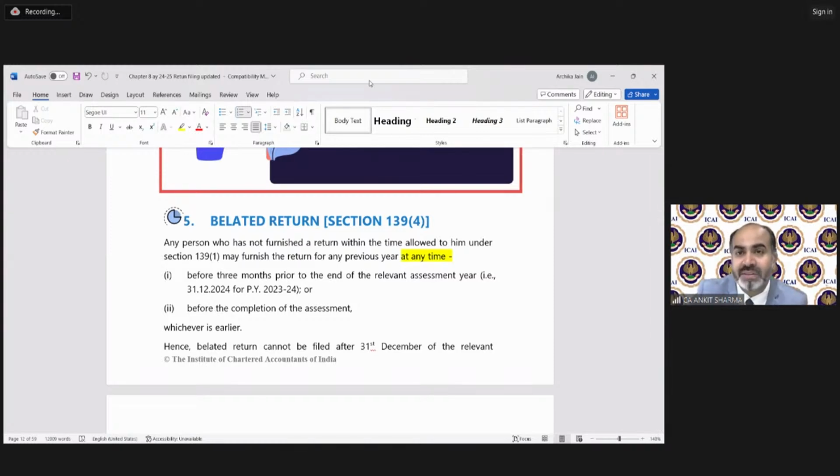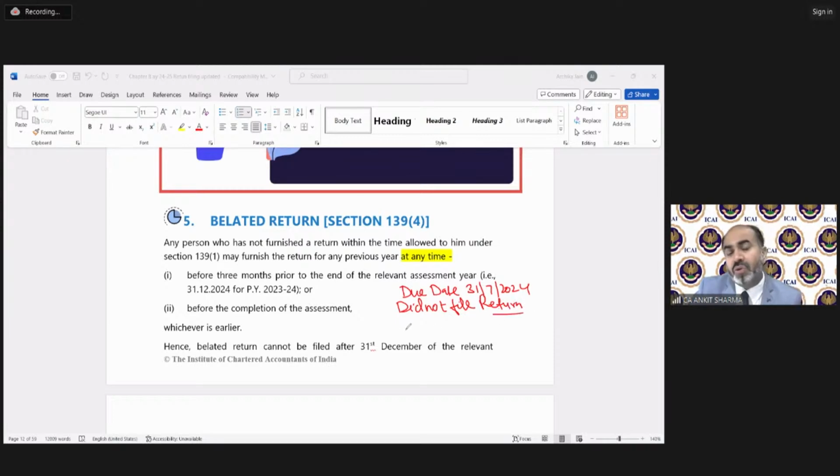Now the problem is this. Suppose your due date was 31st of July 2024. You did not file your return on this date. You forgot. Now you can file your return up to 31st of December 2024.